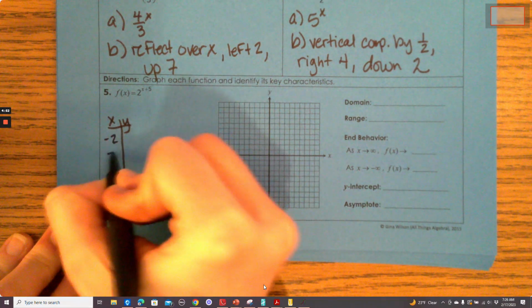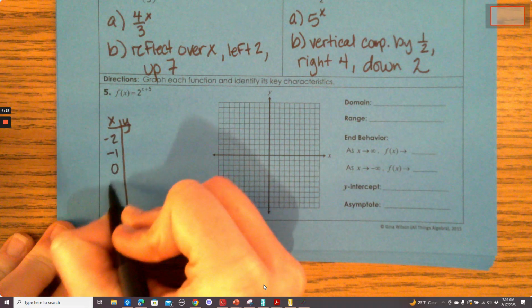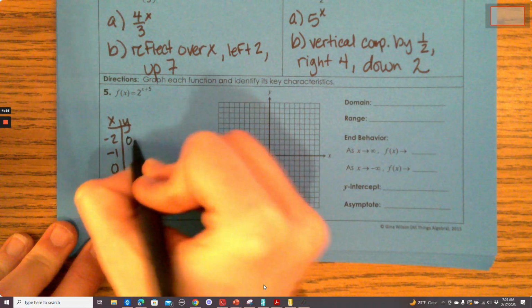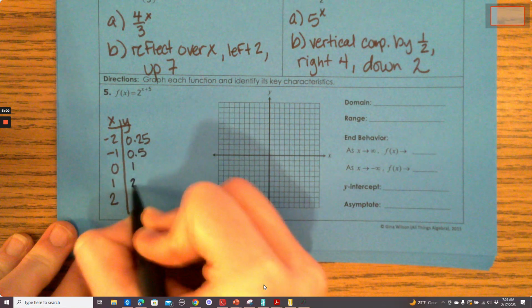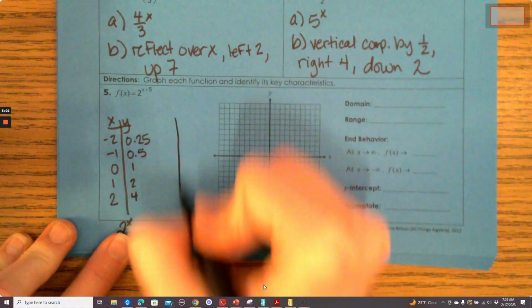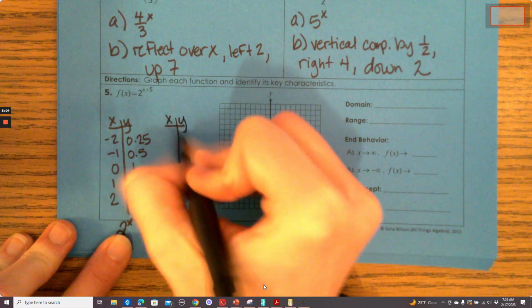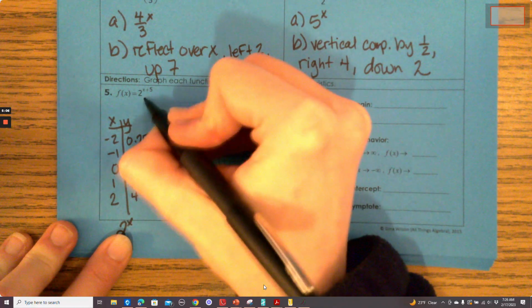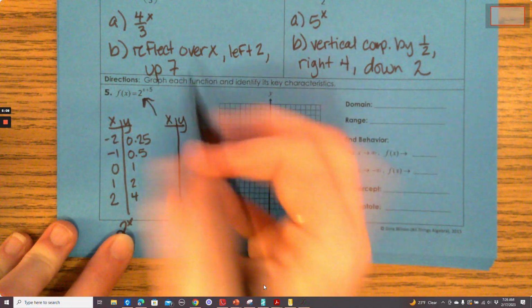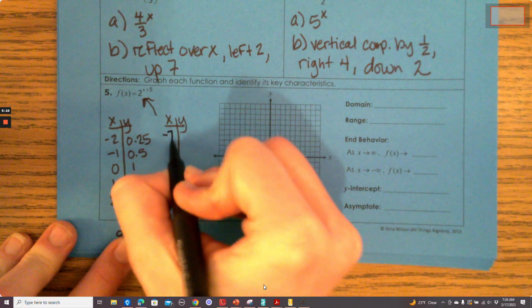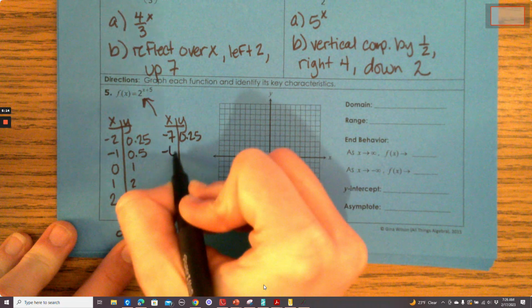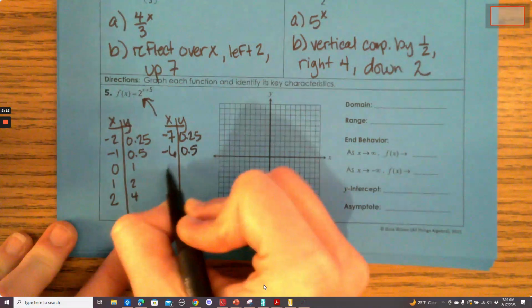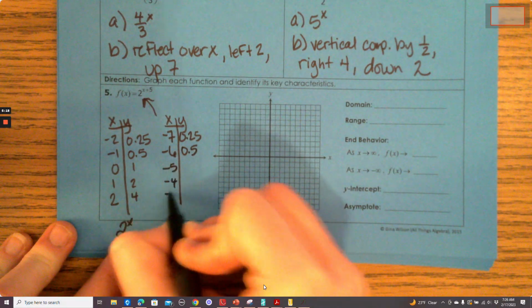And so I'm going to make a quick little table here to show you the points. 0.25, 0.5, 1, 2, and 4. And then the function they've given us is this one, so that's going to be this table. Our points would be negative 7, 0.25, negative 6, 0.5, negative 5, negative 4, negative 3.